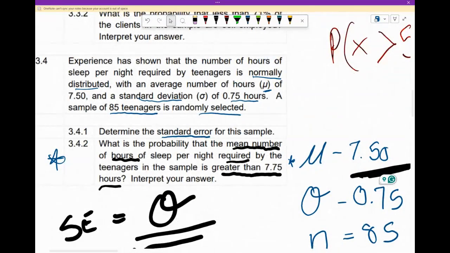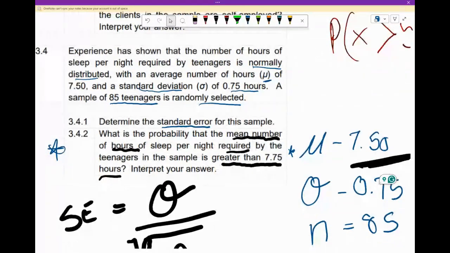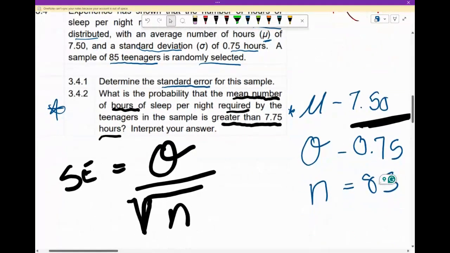So the probability that the required sleep by the teenagers that were sampled is greater than 7.75 hours is 0.11%, which is exactly what you're saying. Okay. So guys, in your interpretation, don't be afraid to look at the question and almost copy it and then say this is the probability of that. You get what I'm saying? Okay.